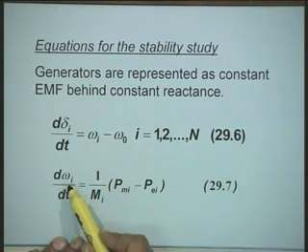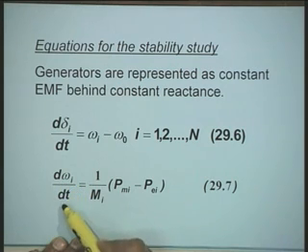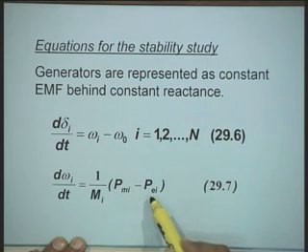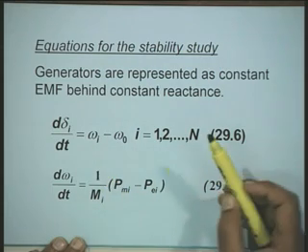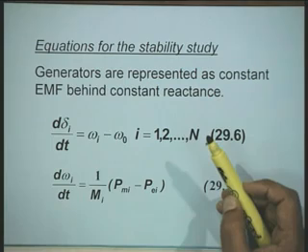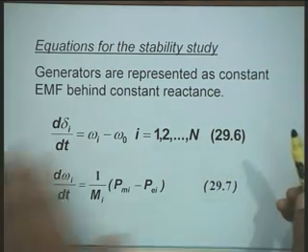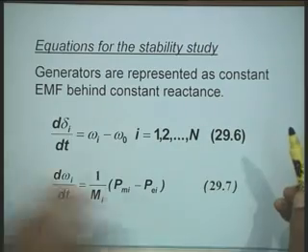Okay. d omega i by dt equal to 1 upon M i into P m i minus P, okay, where these terms have appropriate dimensions, that we all know, there is nothing new.